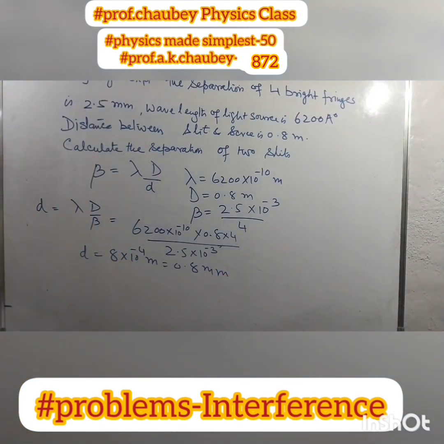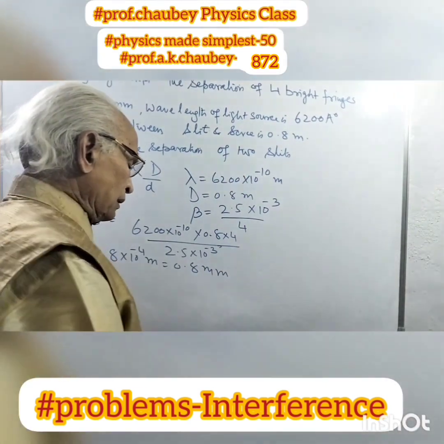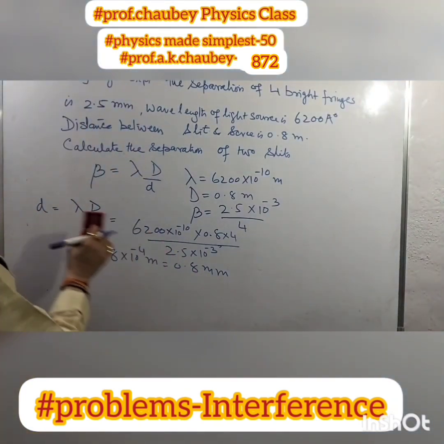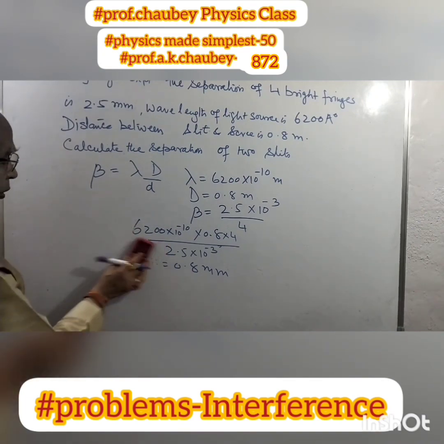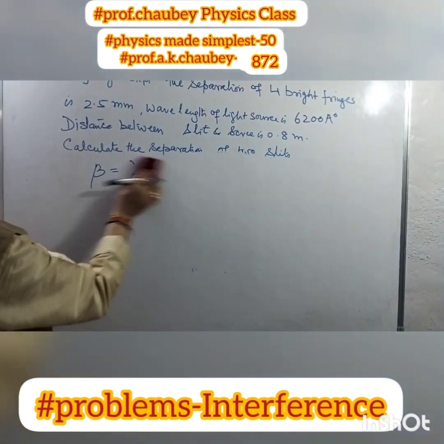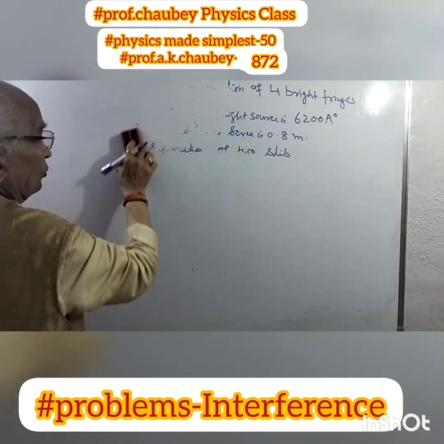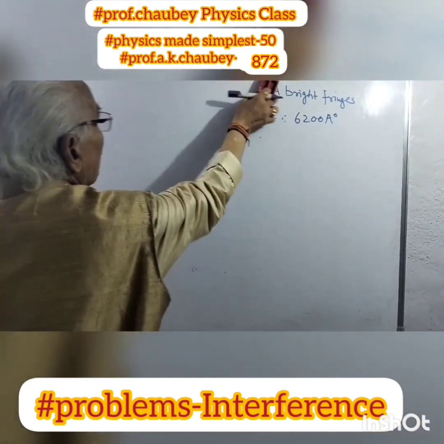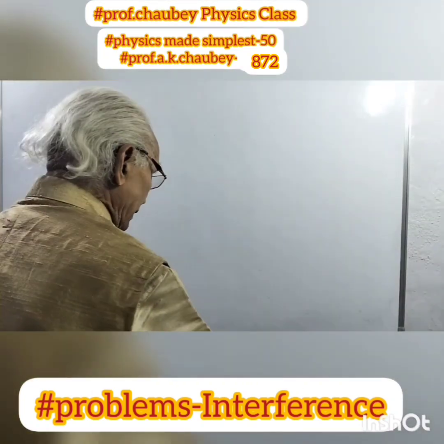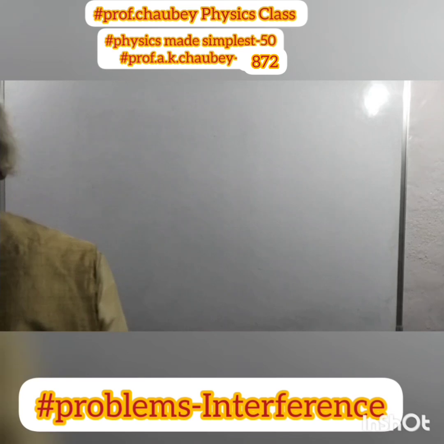So this is again simple substitution of various parameters in the formula. We have four quantities, small d, capital D, lambda and beta, and if 3 are given, you can get the 4th. Out of 4 parameters, 3 must be known and the 4th you can calculate. That's simple mathematics and nothing else. So like this, you can solve the problems, and other problems also.